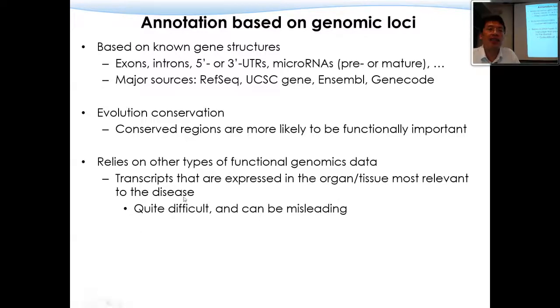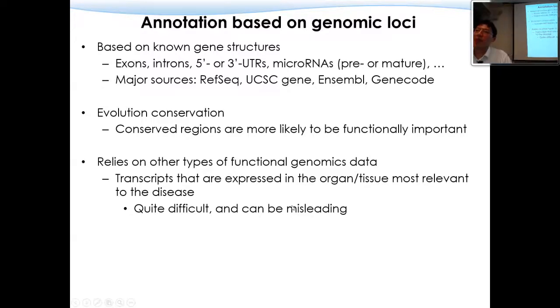And if it doesn't, the chances are it may not be super useful. This sometimes, however, can be difficult, because what if that gene does not express in normal breast, but rather expresses heavily in the breast cancer? That could be the driver gene. So sometimes it can be misleading.